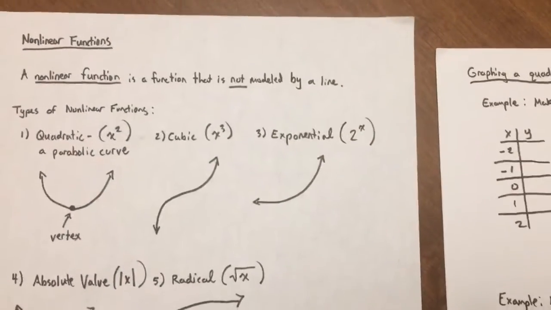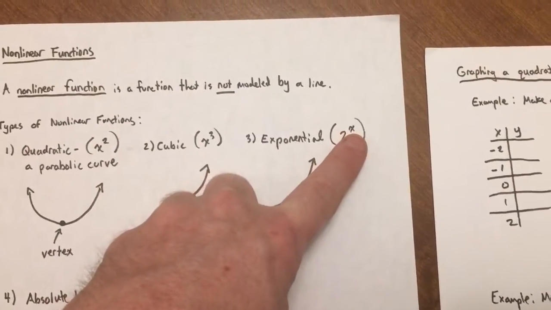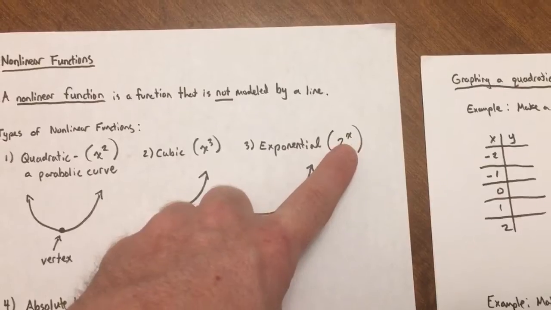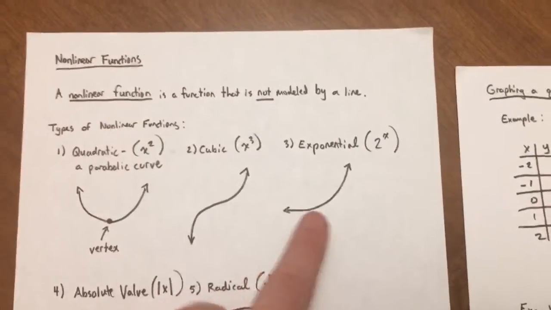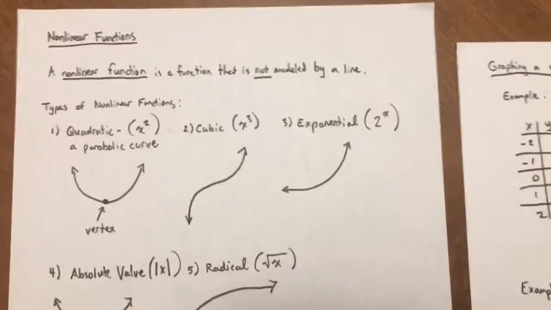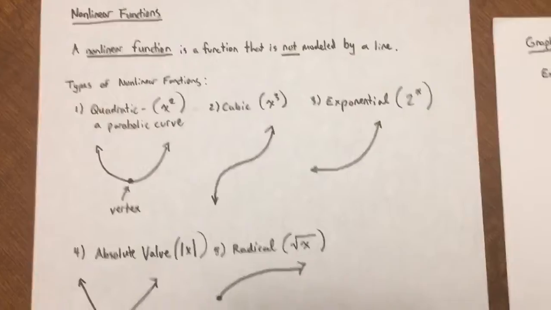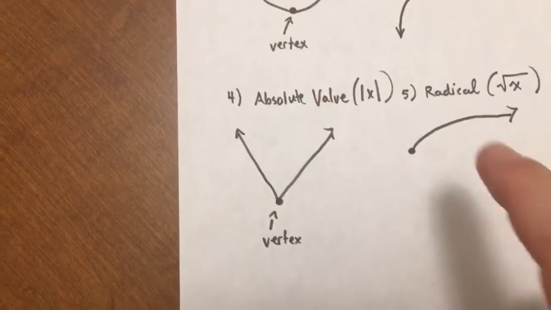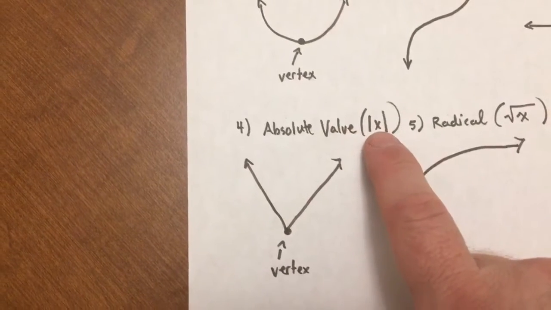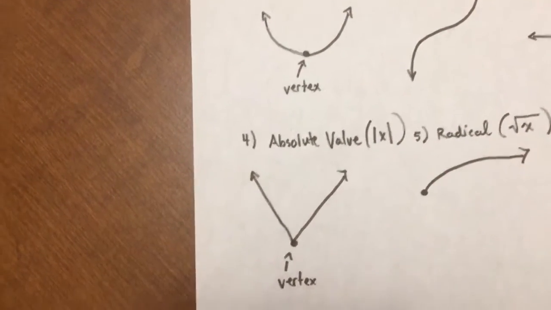Number 3, an exponential function, is when your input variable is actually in the exponent portion of your function rule. So the base number can really be any value, and what you end up getting is this type of curve right here. The fourth example, an absolute value function, involves having your input variable inside an absolute value operation.